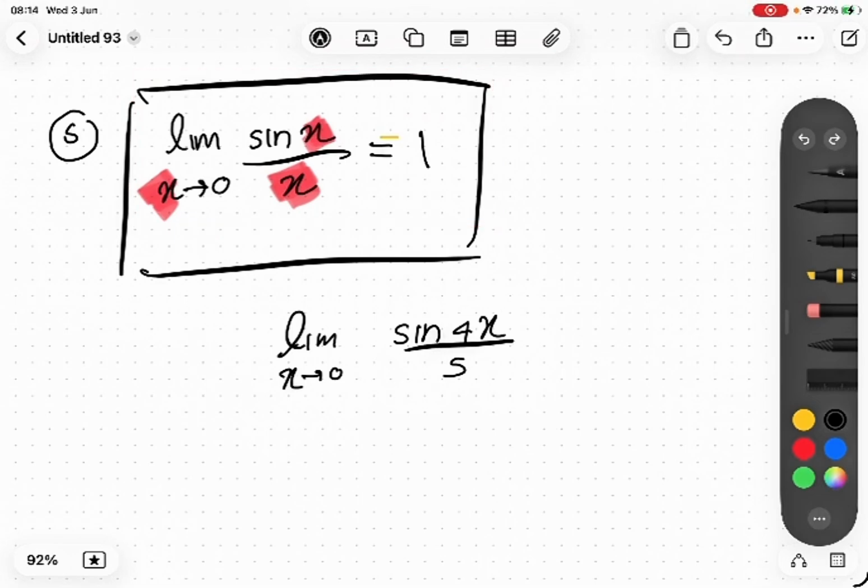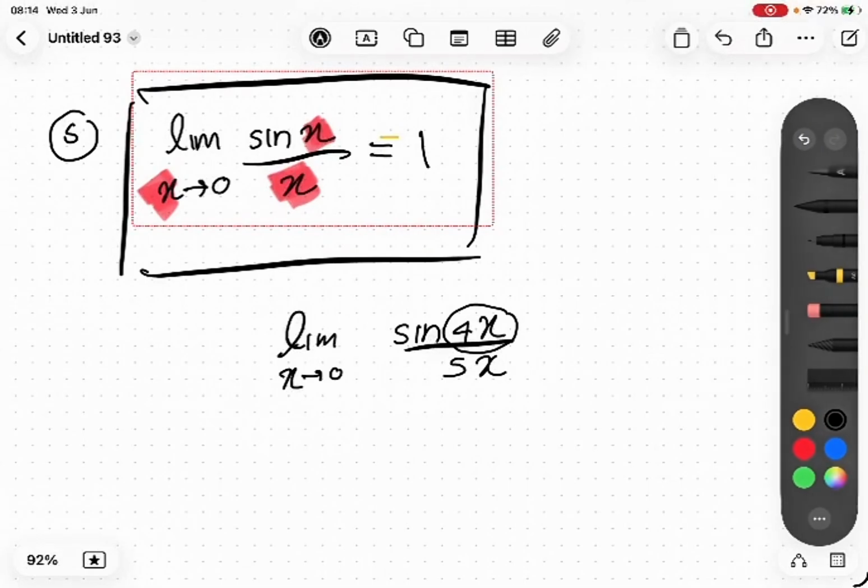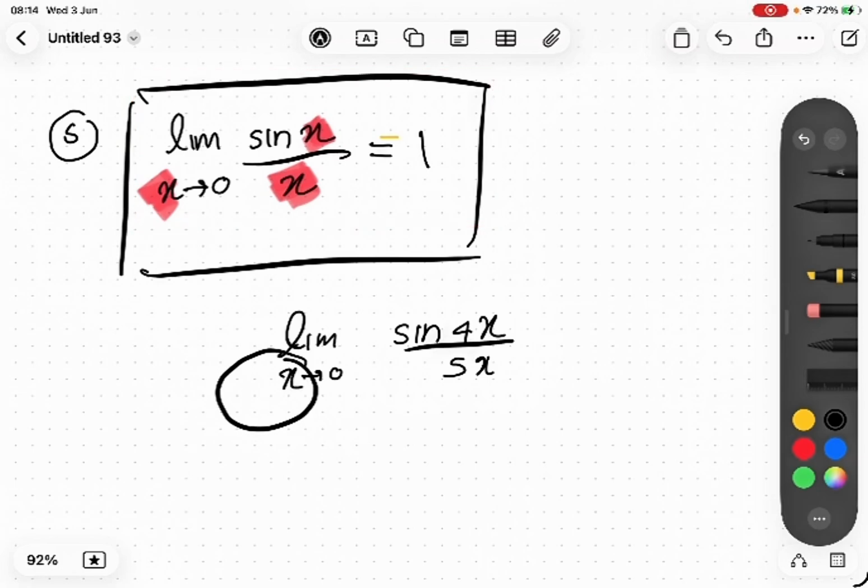But still, in the format, if here is x, here also you should have x. So when you think about that, now you should get 4x here. Numerator also we have to get 4x, denominator also you have to get 4x.